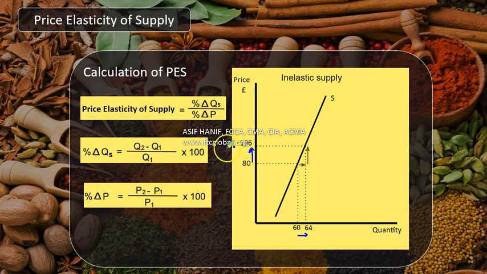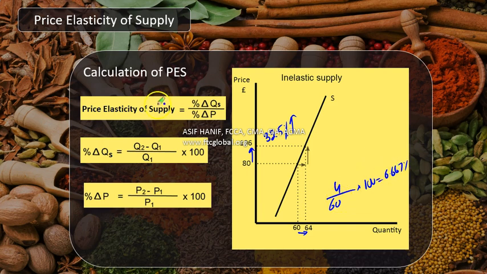If you calculate the percentage, 26 upon 80 times 100, it indicates an increase in price of 32.5%. And let's see what about quantity. Quantity has gone up by 4 units. Original quantity was 60, so 4 by 60 multiplied by 100 gives you a percentage of 6.667%.